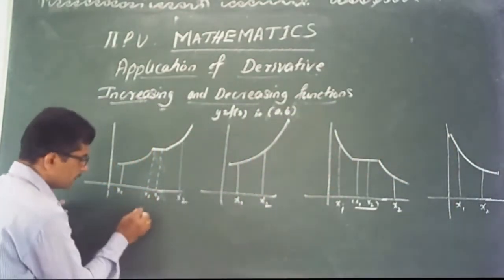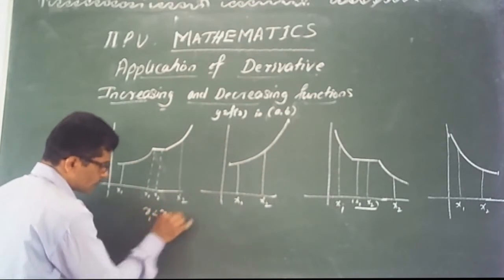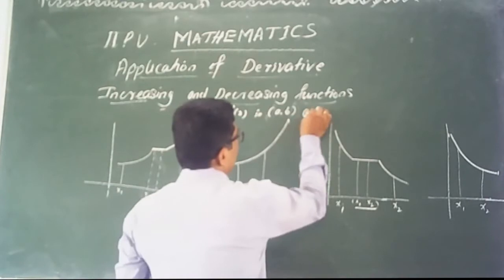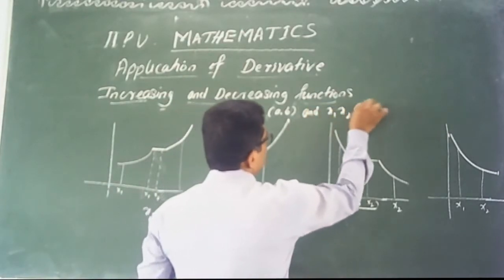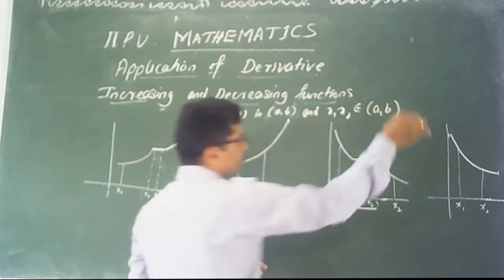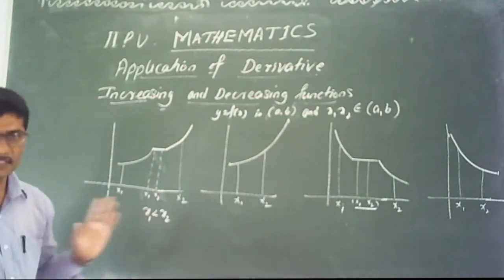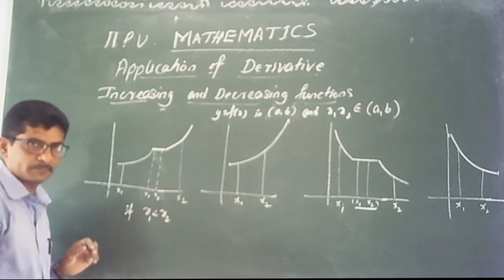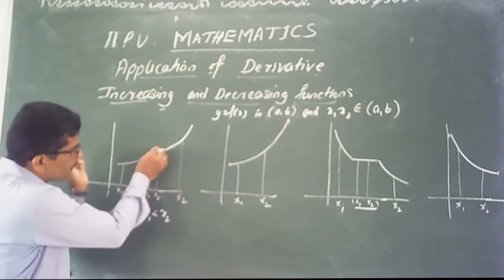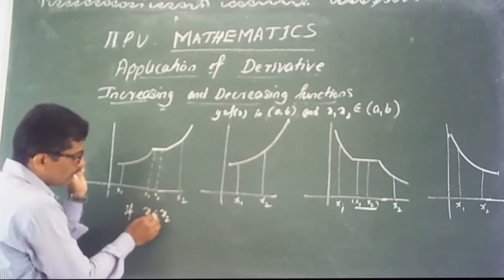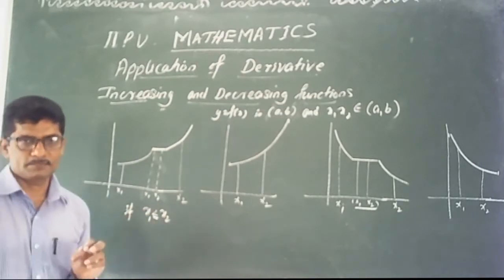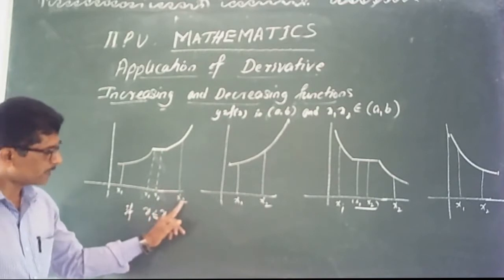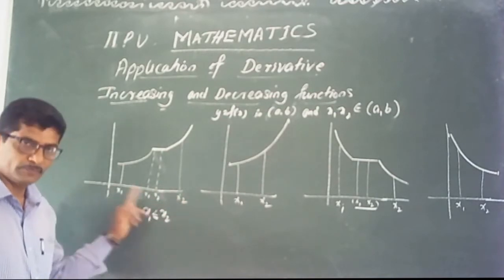Here you know that x1 is less than x2, y is equal to f of x, and x1 and x2 are any two points in the interval a to b. Is it clear? If x1 is less than x2, or suppose taking x1 and x2 here, x1 is equal to x2, both exist. x1 is less than x2 ಅಥವಾ x2 ಆಗಿರಬಹುದು.